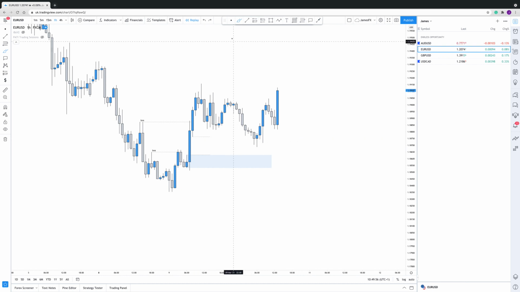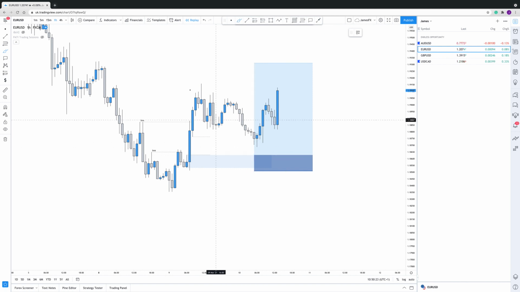So, okay, we didn't get tapped in, but we could have had an order here. The order would have been set at the top of the refined order block, with the stop loss at the base of the block, or as we've learned, we have a wick here, so we can account for that wick just above. So we've got a 12 pip stop loss, and we can set this entry as soon as we've broken structure here.